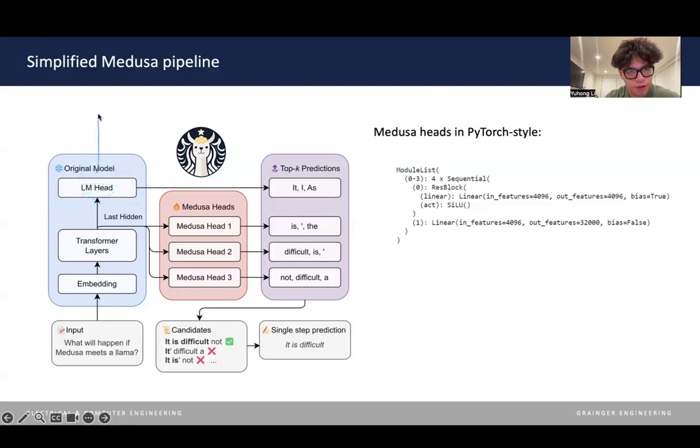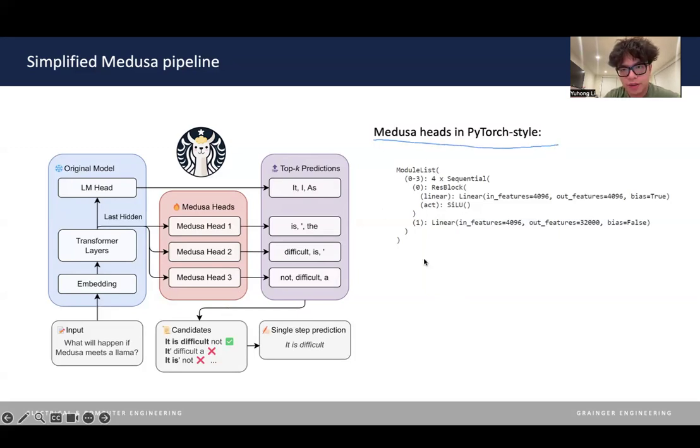This head predicts the next token, and this Medusa head predicts the next one. This one predicts the one after, and this one predicts the one after that. So right now we can predict 3 tokens ahead of the original tokens.